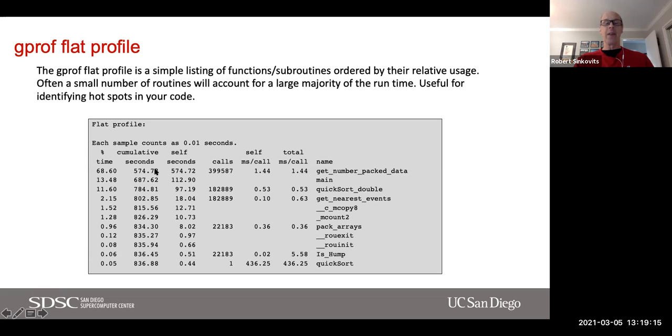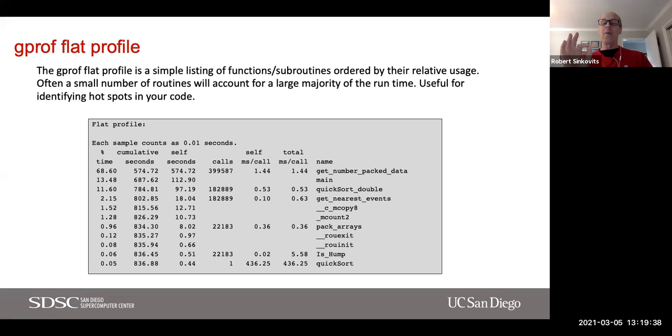So cumulative, you can see that it's growing as we go down our list. So this is a running total of all of the time spent by all of the routines up to that point in the list. And then the other column, self seconds, is the time actually spent by that routine.